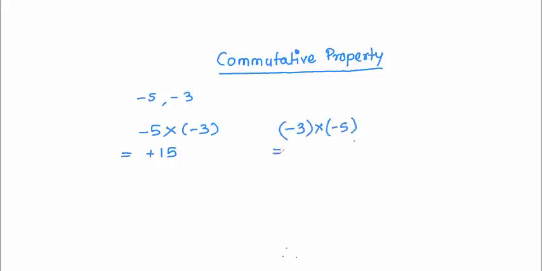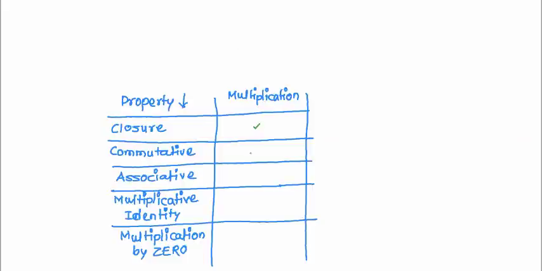That again gives multiplication of weights, 3 5s are 15, and two negative numbers, an even number of negative numbers, means the result is positive. In this case also we see that both the results are the same even after changing the position of the integers, and hence we can say that multiplication is commutative in integers. So let's go and update our chart. Multiplication is commutative under integers.